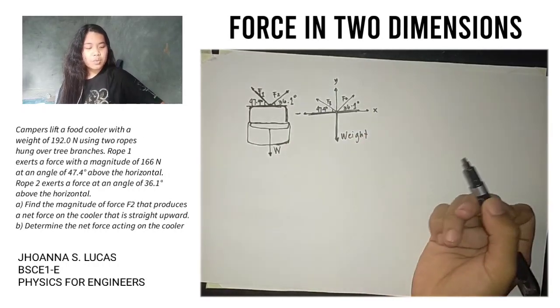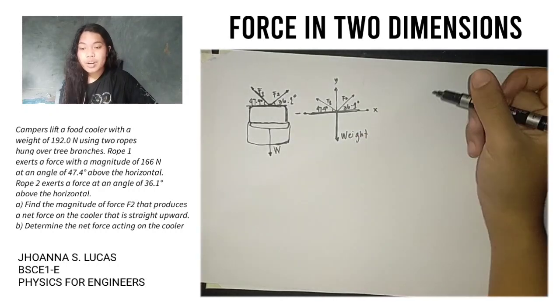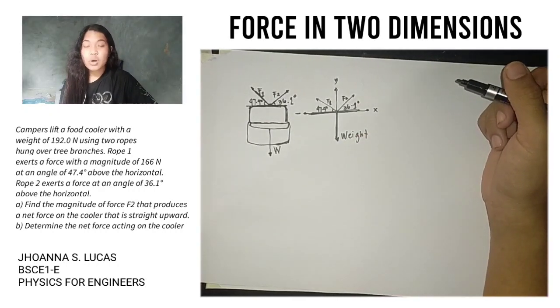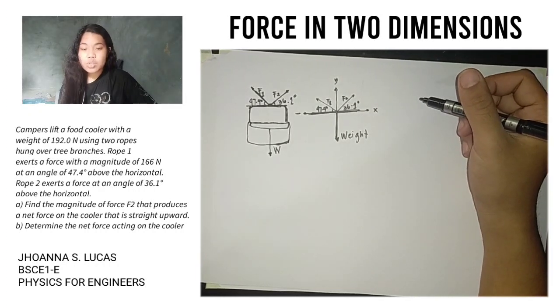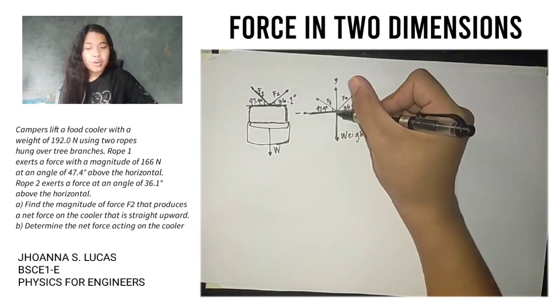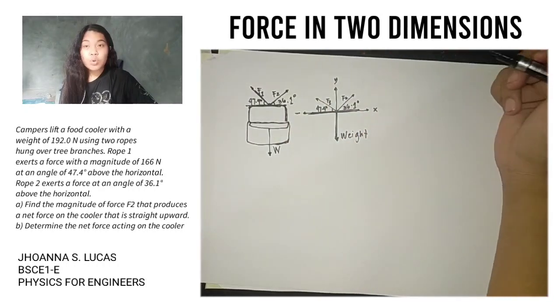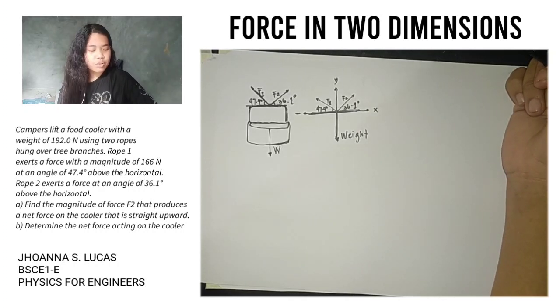So let's now answer the first question, where we are asked to find the magnitude of the force F sub 2 that produces a net force on the cooler that is straight upward. Before that, we have to apply here the equation we use every time we are asked to find the magnitude.